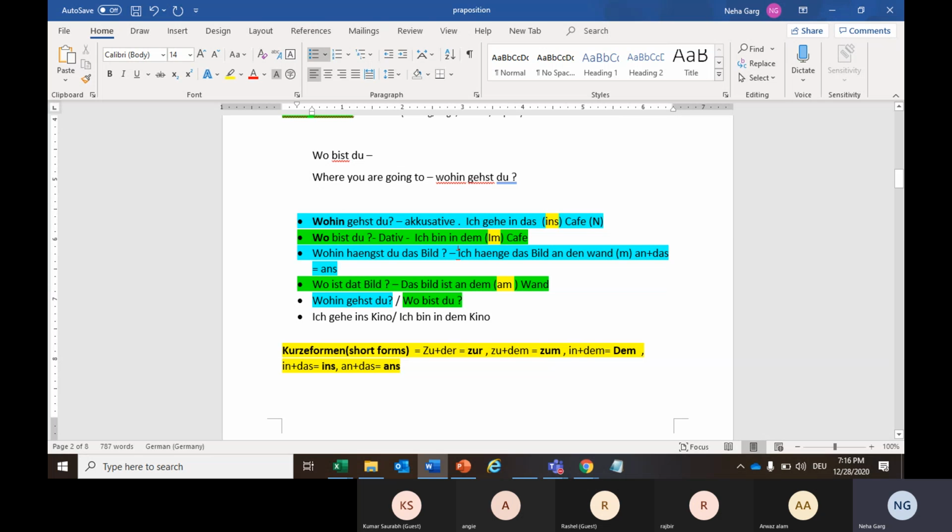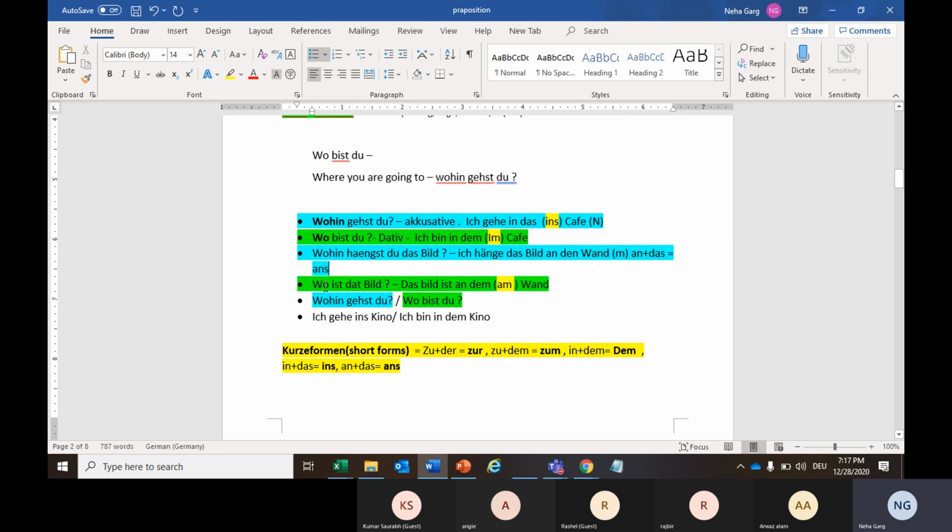So the answer would be ich hänge das Bild an den Wand. Wand means wall, and that is masculine. So this masculine der will change to den. So an den Wand, at the wall.